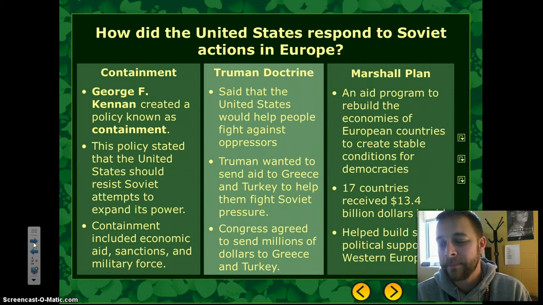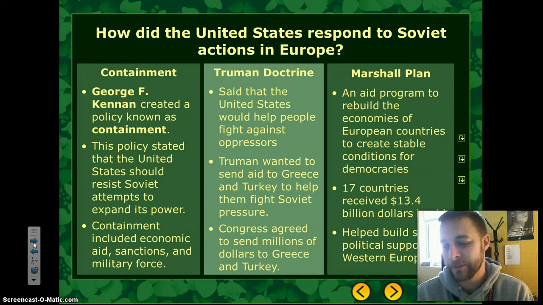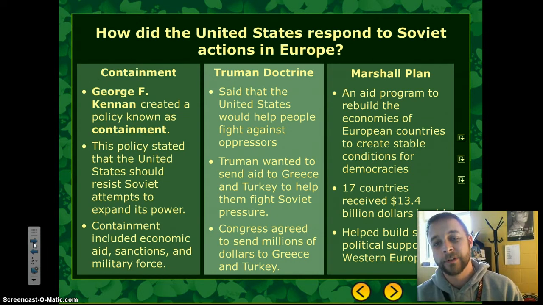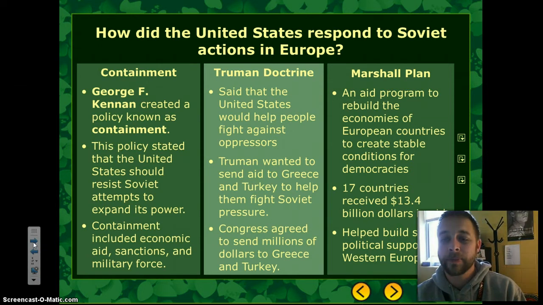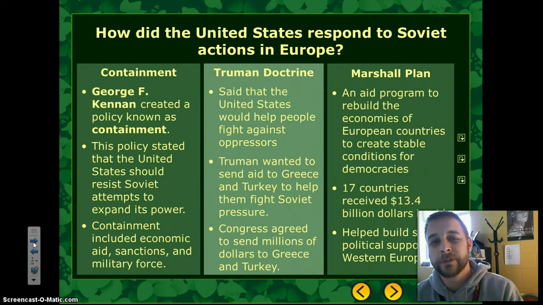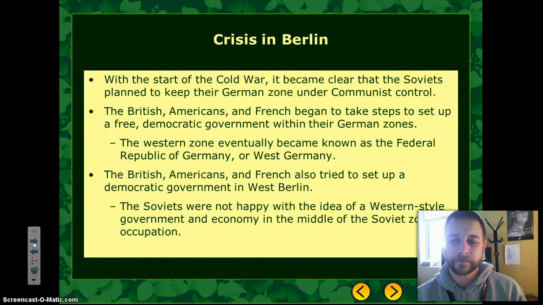So 17 countries are going to receive over $13 billion in aid. And what it does, it builds very strong alliances for the United States throughout Western Europe. So the Marshall Plan is part of the Truman Doctrine. Containment influences the Truman Doctrine, and the Marshall Plan is part of that, him carrying out that doctrine.